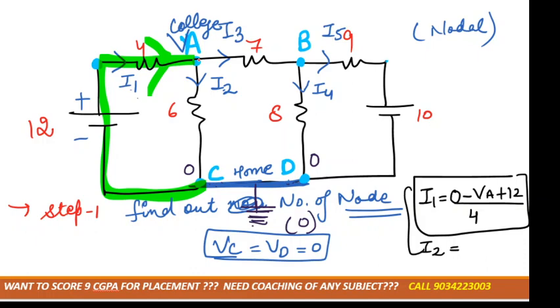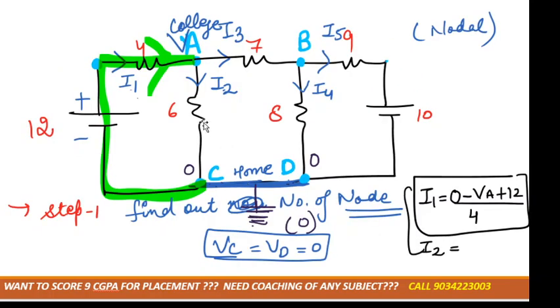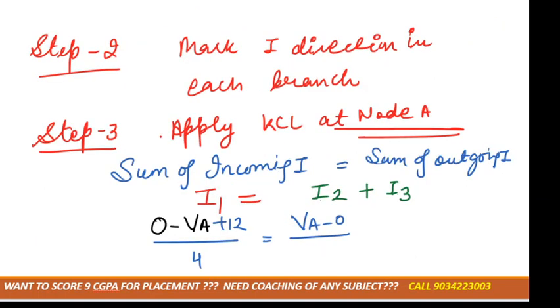So it would be VA minus 0, right? So I2 would be VA minus 0 divided by the resistance. What is the resistance in its path? 6 ohm, correct, divided by 6.